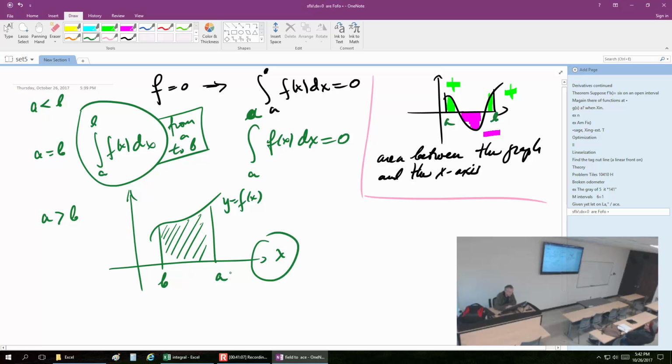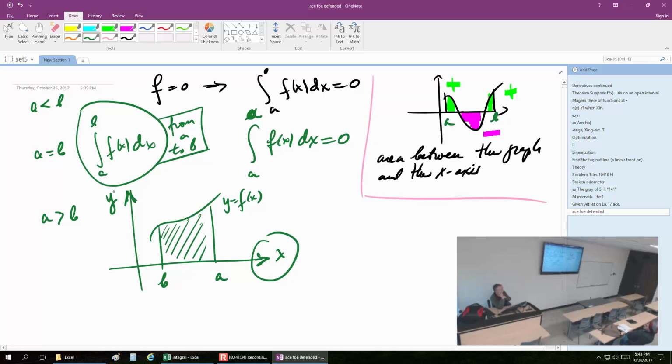This arrow becomes very important, because there's a positive direction. We just talked about the positive direction of y, when we ended up with a negative area because our velocity was negative. So that's why the direction of y matters. The direction of x also matters. It's like the direction of time.